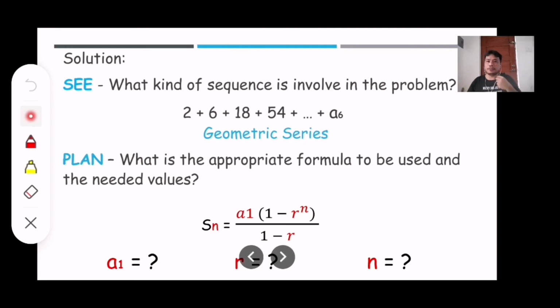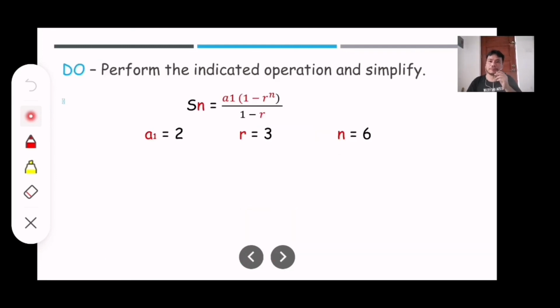Okay, so we'll be using the geometric series formula, and the needed values are A sub 1, R, and N. So A sub 1 here is 2. Common ratio, divide natin si 6 and 2, that gives us 3. And the number of terms, since we are to add up to the 6th term, meaning the value of n is 6. Okay, let's continue.